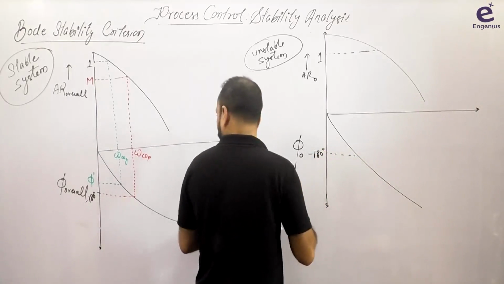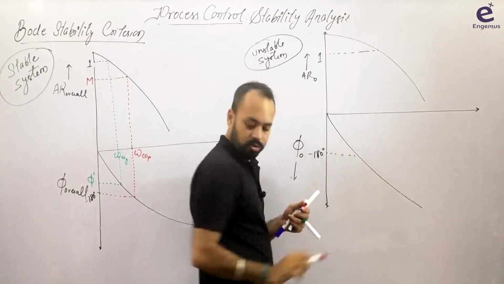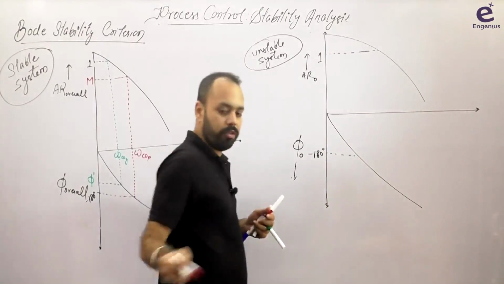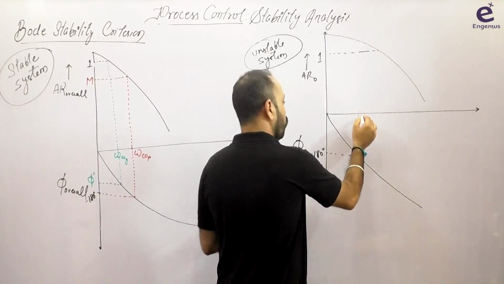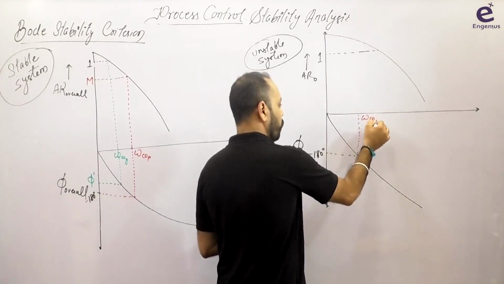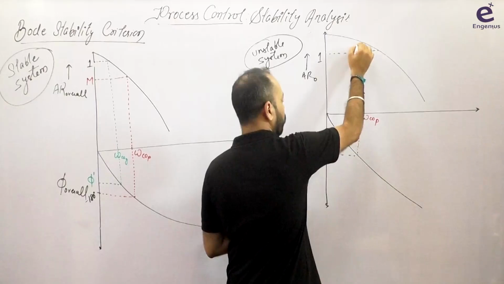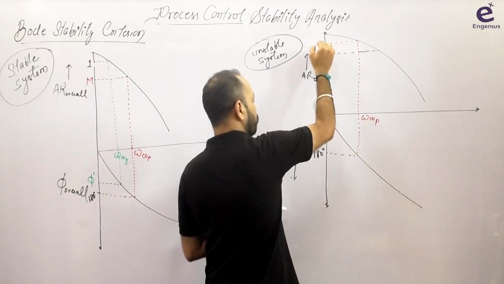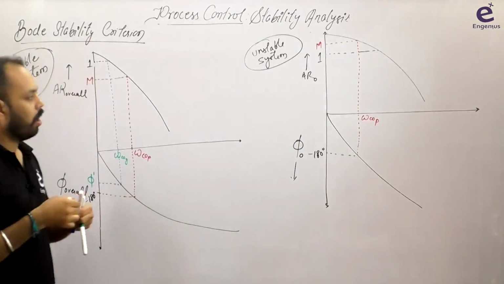Obviously, when the value is equal to minus 180 degrees, the associated frequency is called phase crossover frequency. So this frequency will be called as omega COP. The value of AR overall at omega COP should be termed as M, and since M is greater than 1, definitely the system is unstable.